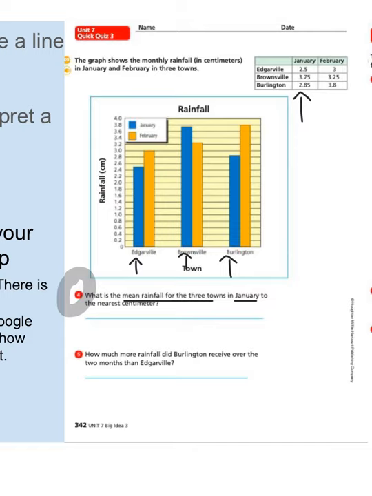Question number 5 is asking you, how much more rainfall did Burlington receive over the 2 months than Edgersville? So you would just use Burlington and Edgersville and figure out the difference between January and February for both of those.